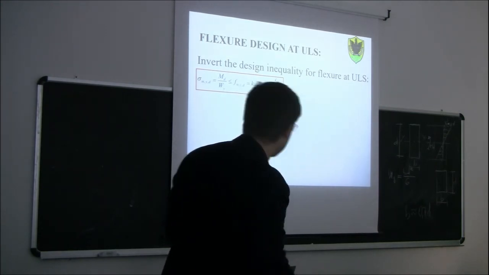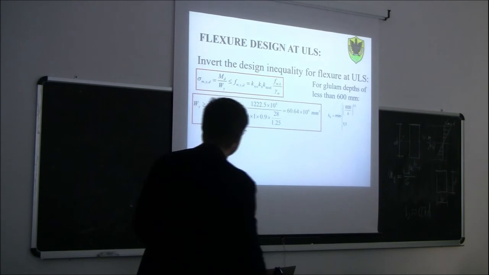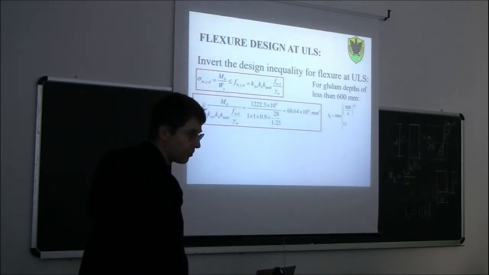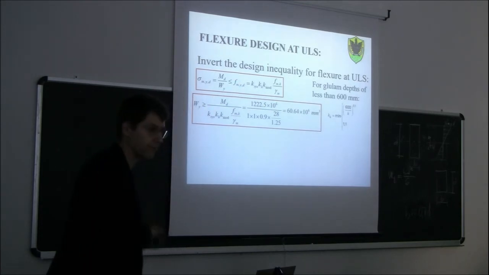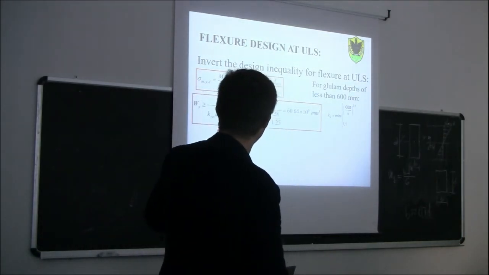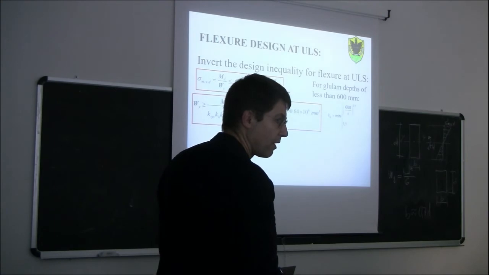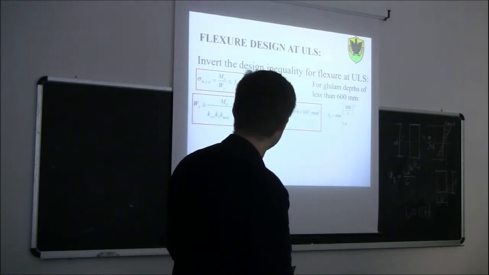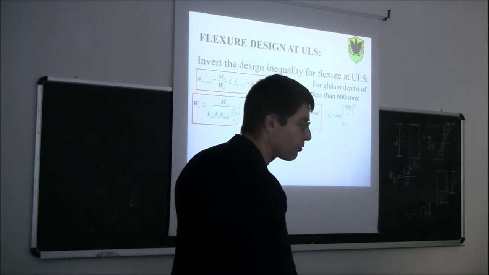Okay. So in other words, what we are doing, we isolate Wy from this design inequality, and we express Wy as a function of all the other quantities. So we replace all the symbols with a value. As usual, be careful about the conversion, because M is in kilonewton meter.